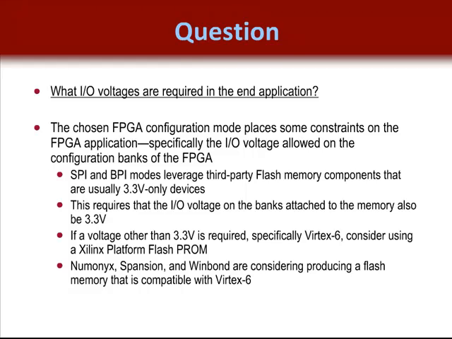Another frequently asked question is, what I/O voltages are required in the end application? Another common situation arises when a designer is planning on operating their FPGA at a voltage other than 3.3 volts. When this happens, the user needs to be aware that the memory component they may be interfacing to may require a voltage other than 3.3 volts.